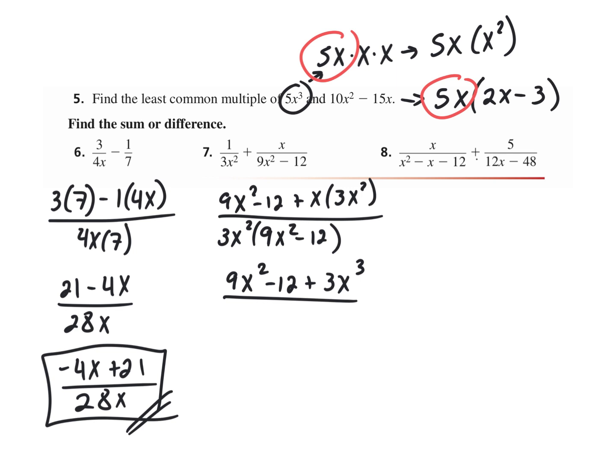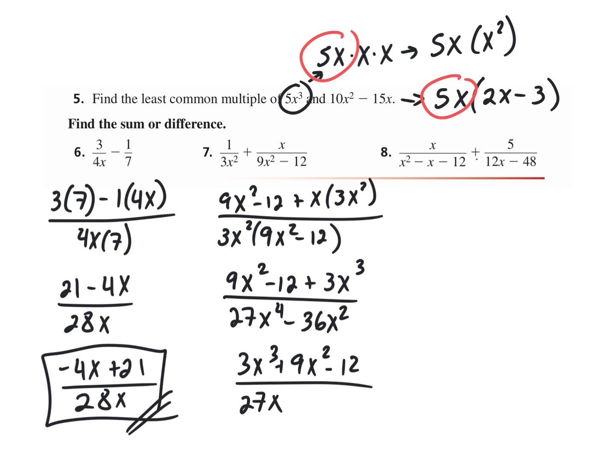So that's going to be 27x to the 4th power minus 3 times 12, so 36x squared. I'm going to rearrange the numerator into standard form. So I get 3x cubed plus 9x squared minus 12 over 27x to the 4th minus 36x squared.